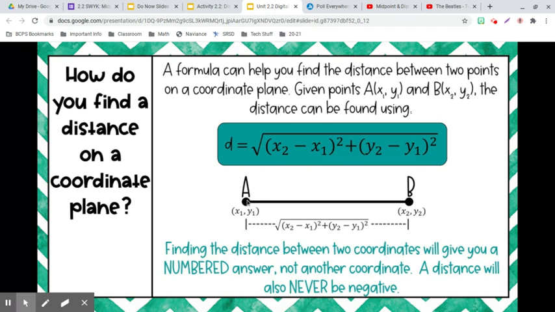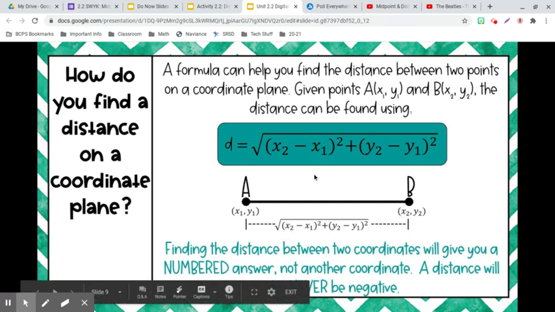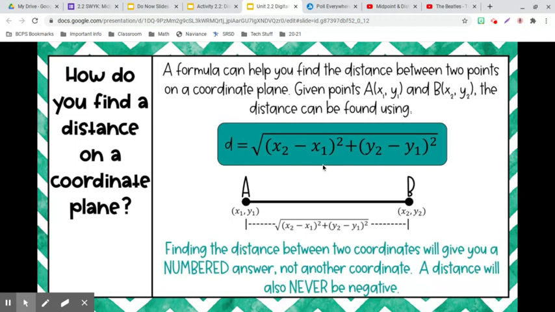Down here we have point A and point B. Point A is going to be our x1 and y1, and B is going to be our x2 and y2. And the whole distance is going to be this right here.